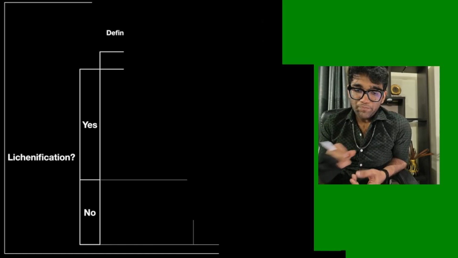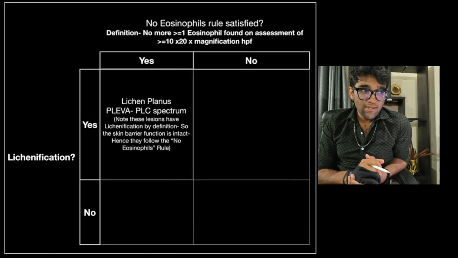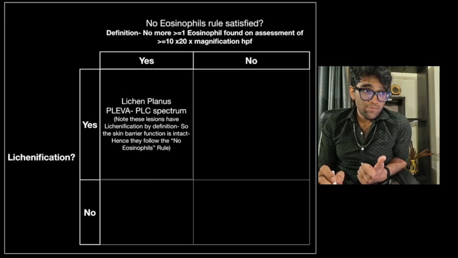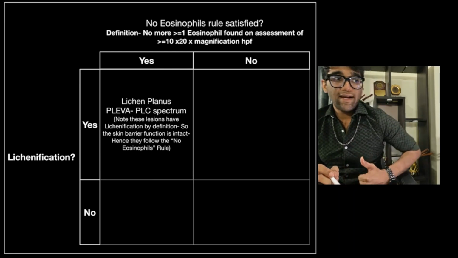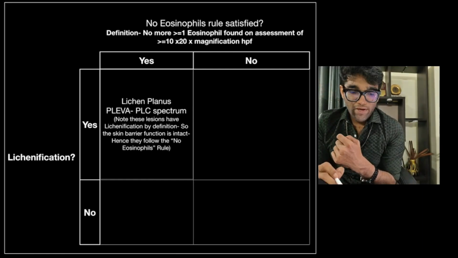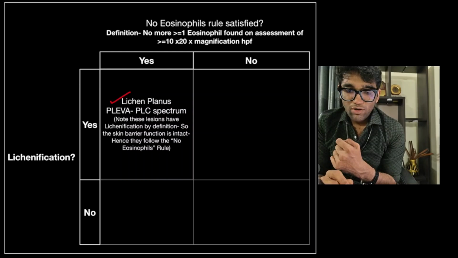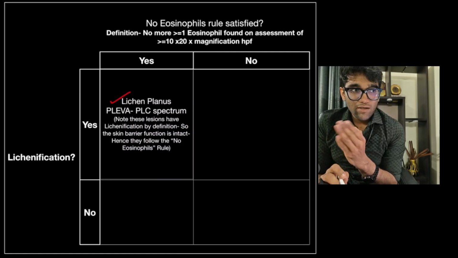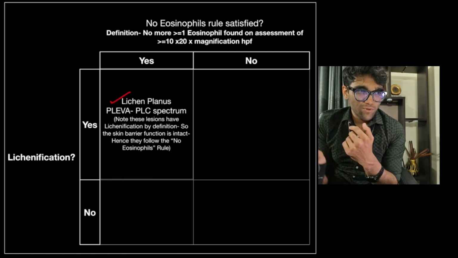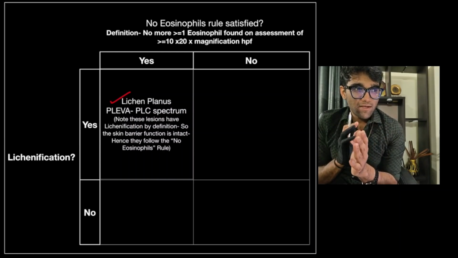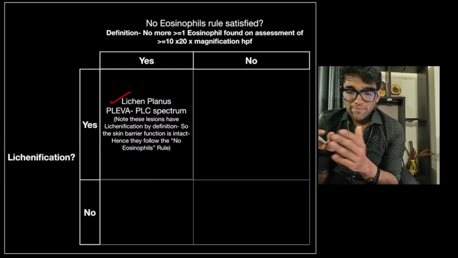So if the no eosinophils rule is satisfied and you have a lichenification, then what we have is actually either lichen planus or a skin specific disorder known as pityriasis lichenoides et varioliformis acuta. Okay, so it's a Latin word. Doesn't really matter from a clinical medicine perspective, but that spectrum of disorders.